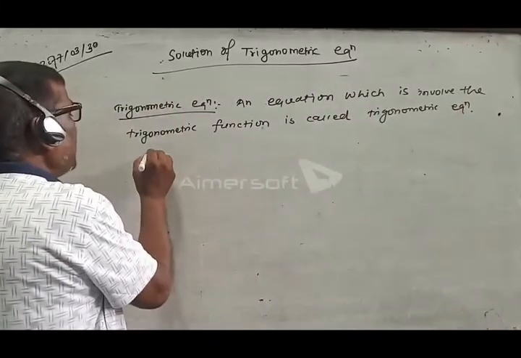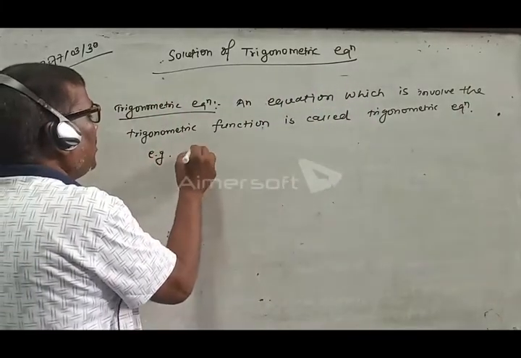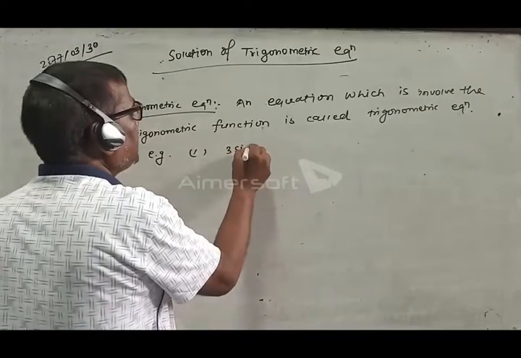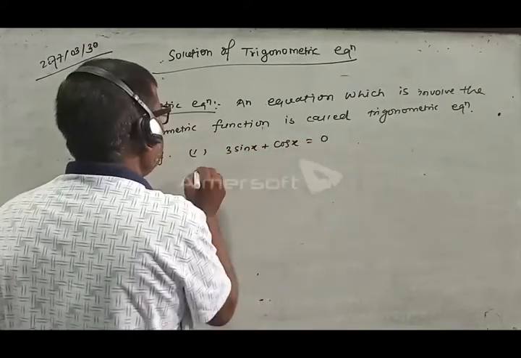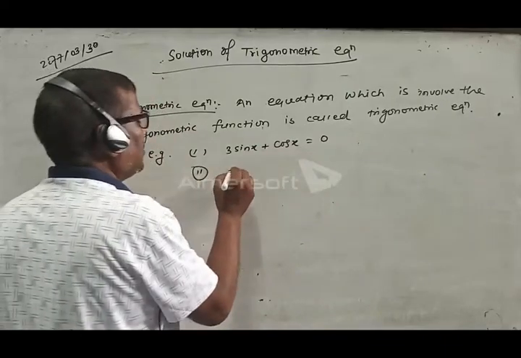As for example, 3 sin x plus cos x is equal to 0. This is also a trigonometrical equation.